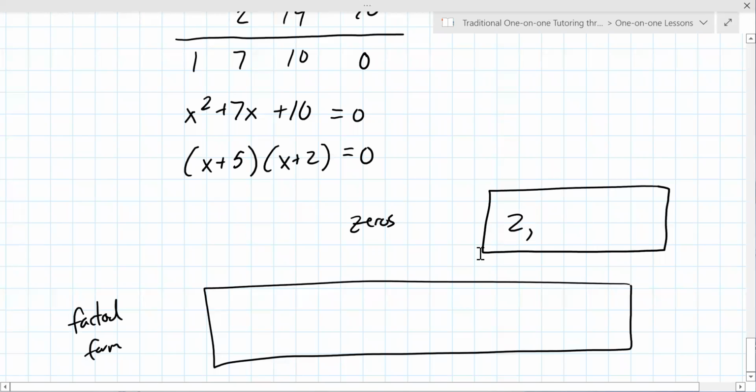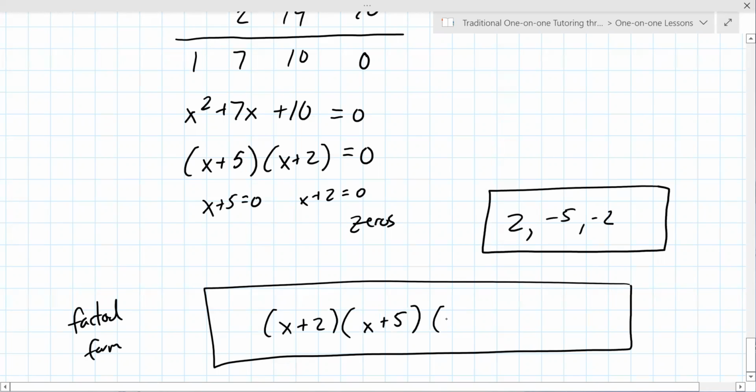But would it be -5 and? So you're really supposed to set those equal to 0. Yeah, so it'd be -5 and -2. And then the factored form would be x plus 2, x plus 5, x plus 2. They can't be the same, because if they're the same, that means there's duplicates in here, and there's not.